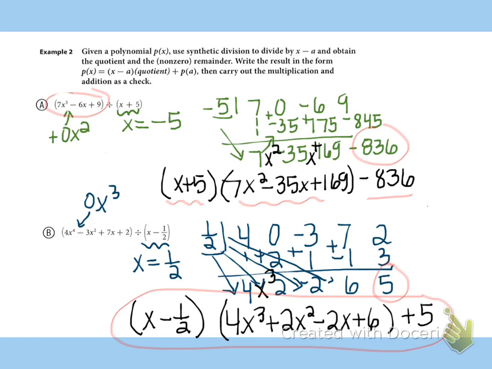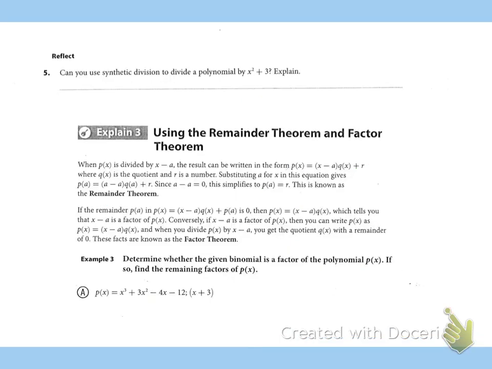So why would you not always use synthetic division? Well, synthetic division can only be used when the degree of the divisor, or in other words, you can call it the denominator, I guess if it was written as a fraction, is 1. In other words, when it's a linear binomial or a linear term in some way, that you can use synthetic division.